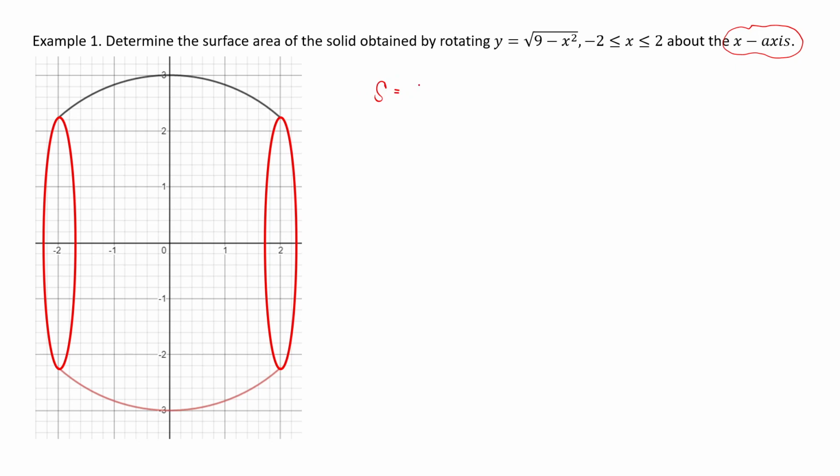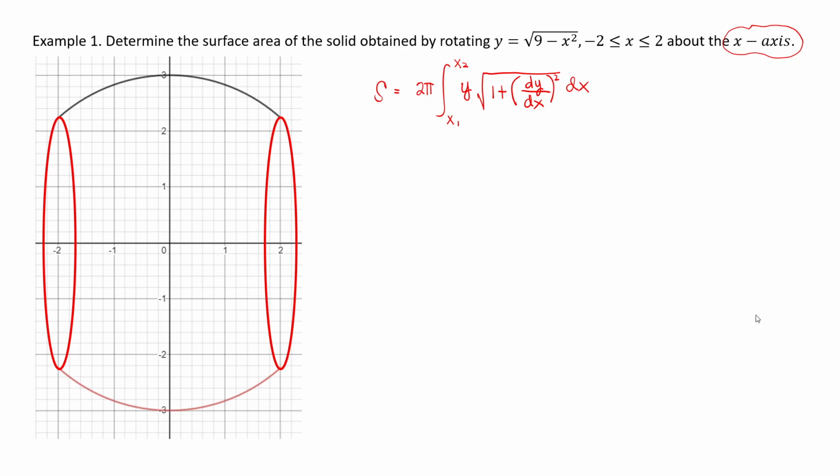Surface area is equal to 2 pi y, from x1 to x2, square root of 1 plus dy/dx squared, dx.